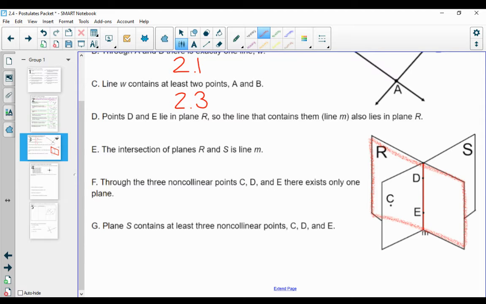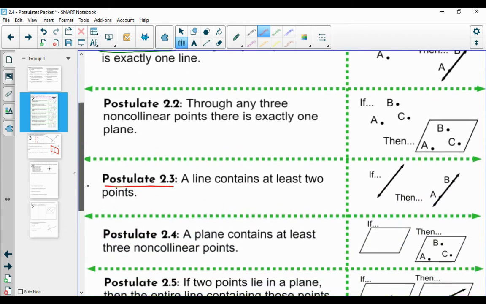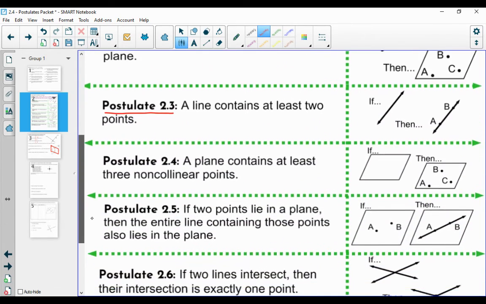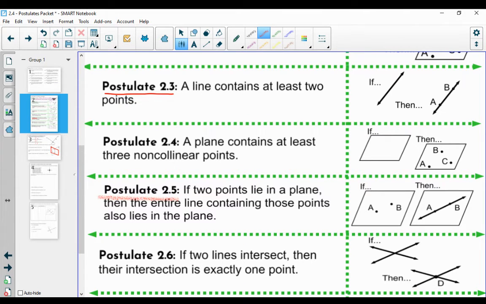So the line that contains them, M, is also inside that plane. So we need our postulate that says if I have 2 points in a plane, then the line that contains them will also be in the plane. That looks like it's going to be this one right here, postulate 2.5.